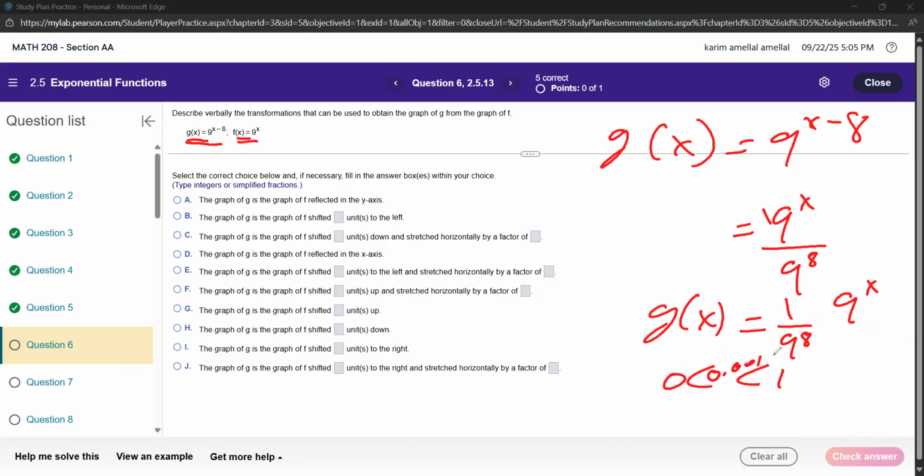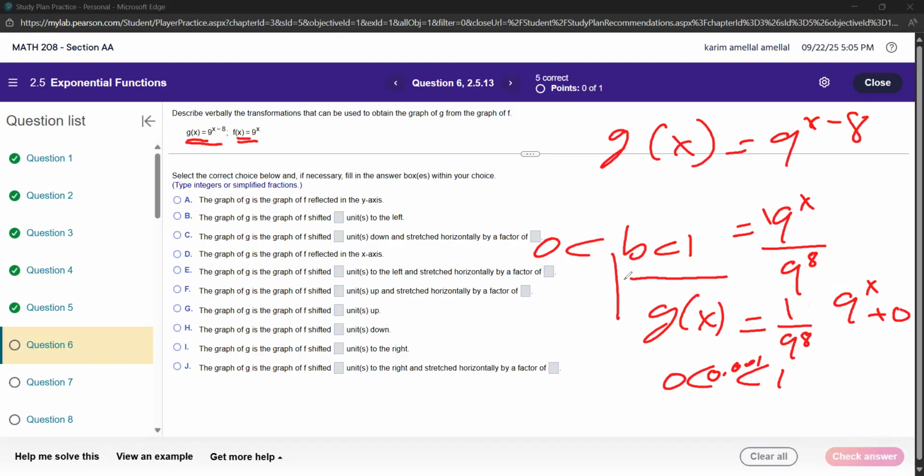So our b is less than 1 and greater than 0. So the drawing will come from the right, and then it will tend to go up or down according to c, which is 0, and a, which is 1 over 9 power 8.